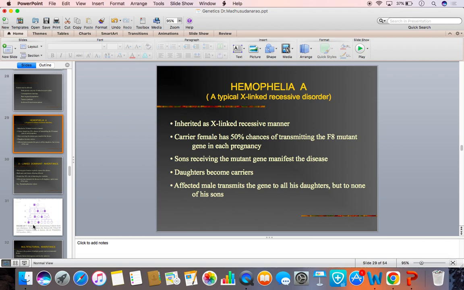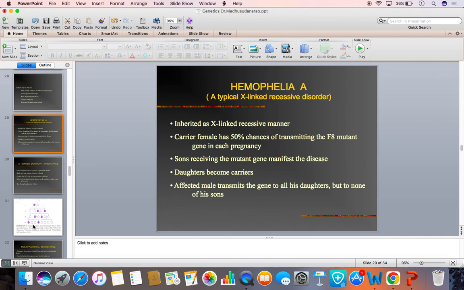Hemophilia is a typical example of X-linked recessive inheritance. A carrier female has 50% chance of transmitting the mutant gene in each pregnancy.